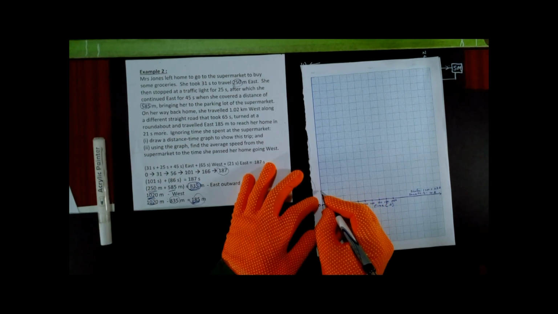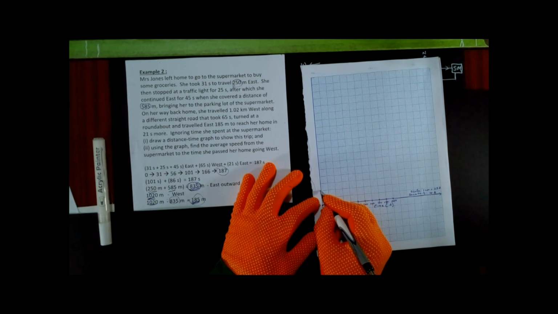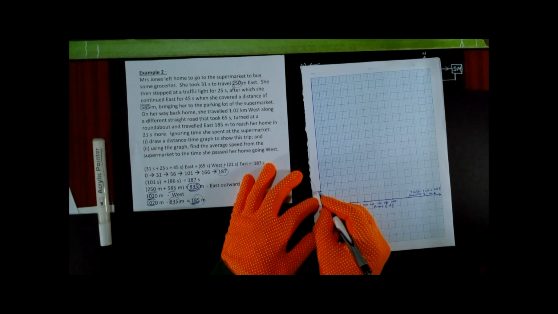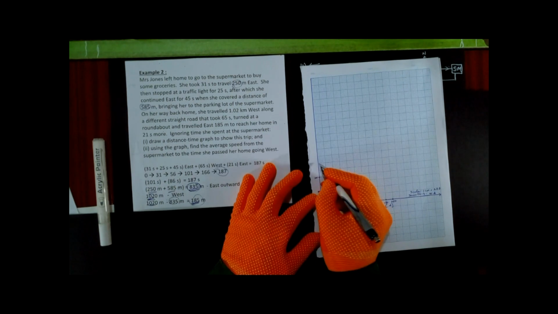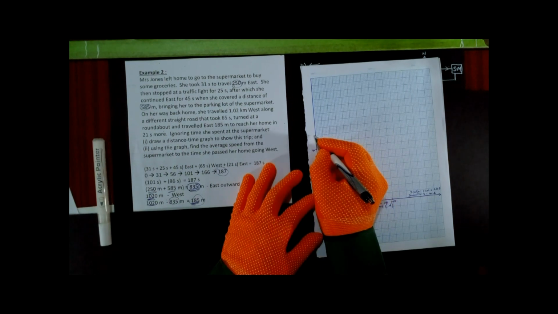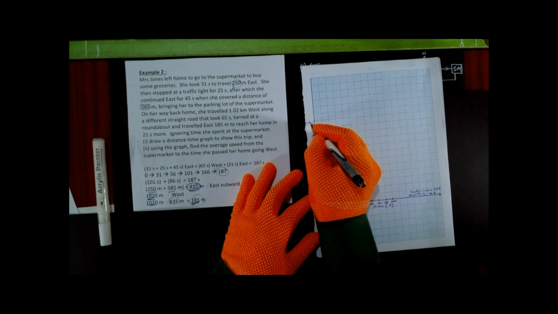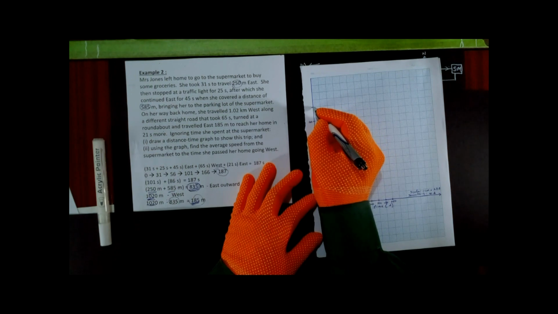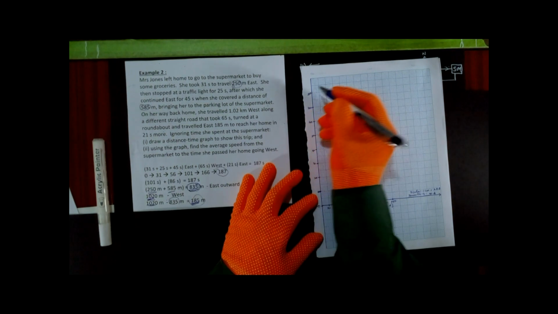Now on this axis, we already kind of scaled it out. We are going to put, well, we can write it out with 100 here, 200, 300, 400, 500, 600, 700, 800.